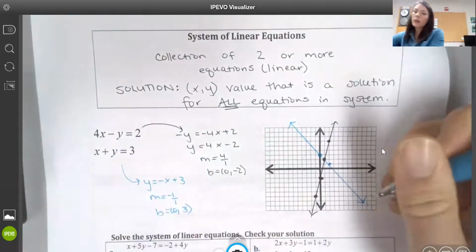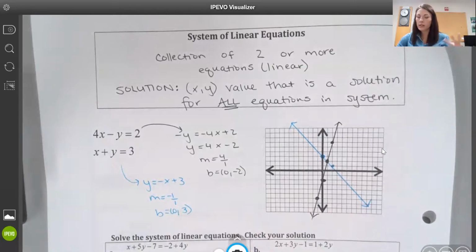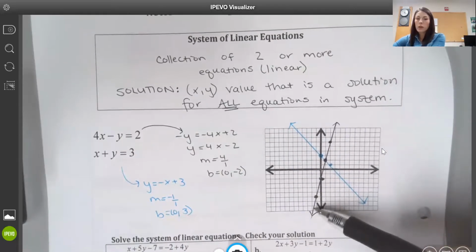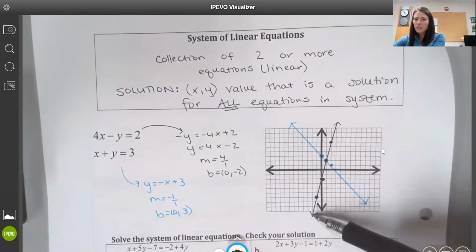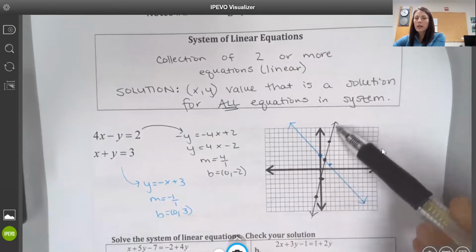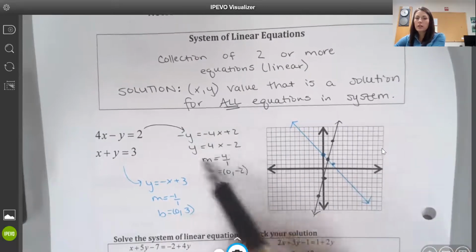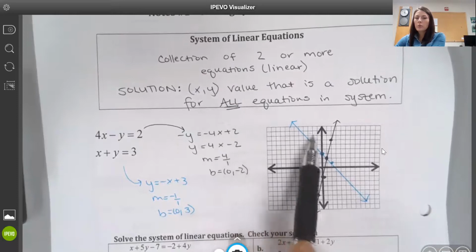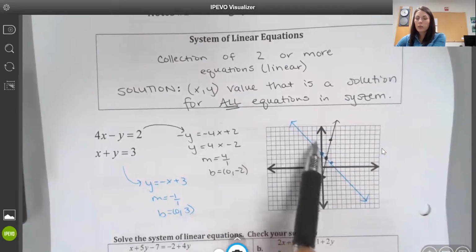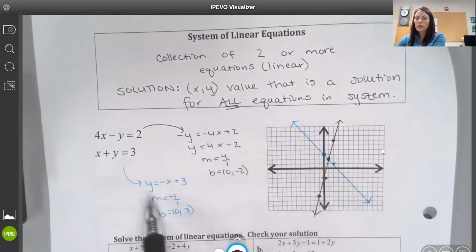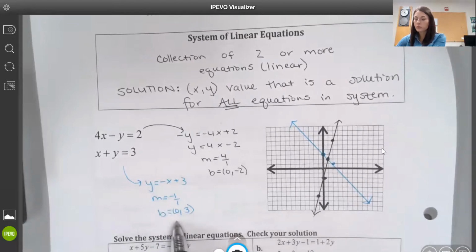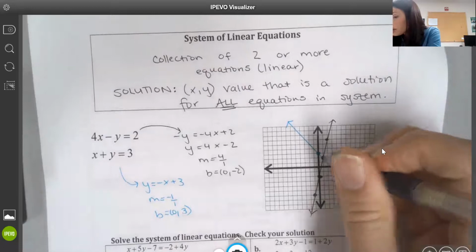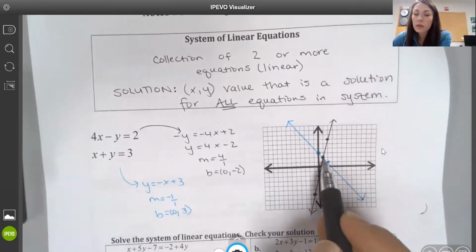And so kind of what our thought process needs to be here is I have this line that I graphed with my black pen. Every point on this line is a solution to this first equation in my system. Then I have the blue line, and every single point that falls on that line is a solution to this blue equation. Now there's one point right here that falls on both of those lines.